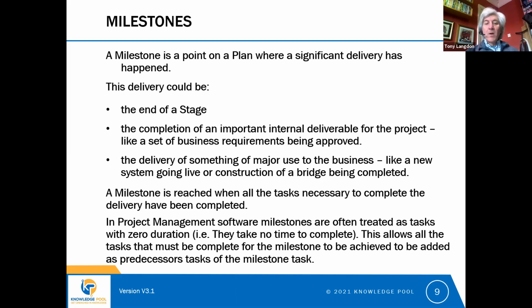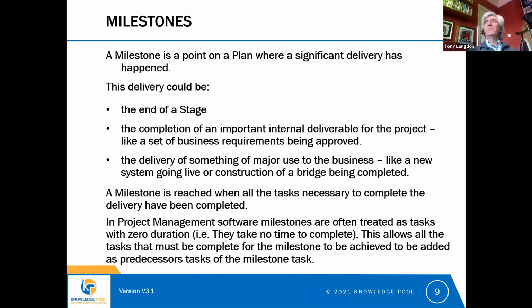What it does allow us to do is hang that milestone on the project plan as a task. It allows us to create dependencies between the milestone and all the tasks that have to be complete for that milestone to be reached.